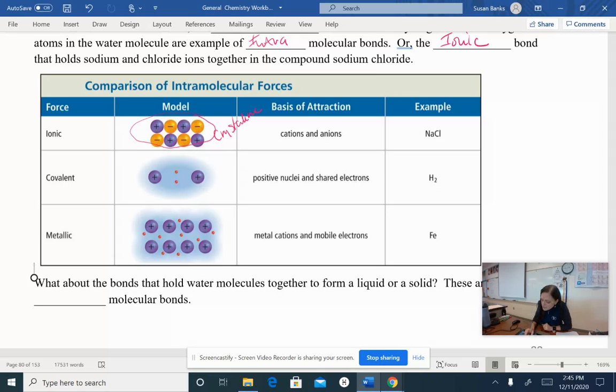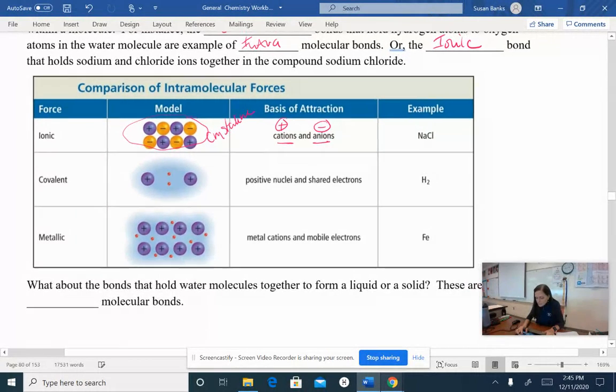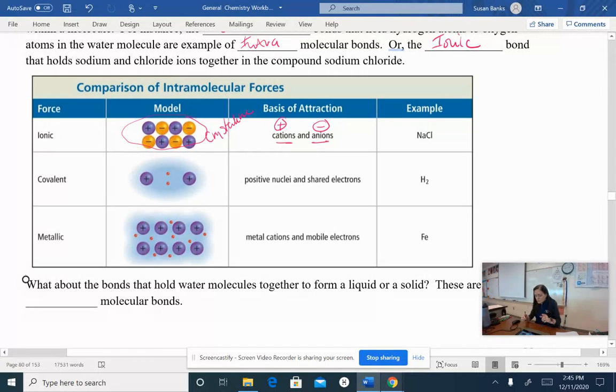We have the basis of attraction. We have the cations, the positives, attracting with the negatives. We have our sodium chloride. Let's give you an example of some of the properties of ionic compounds. So ionic compounds have really, really strong bonds.